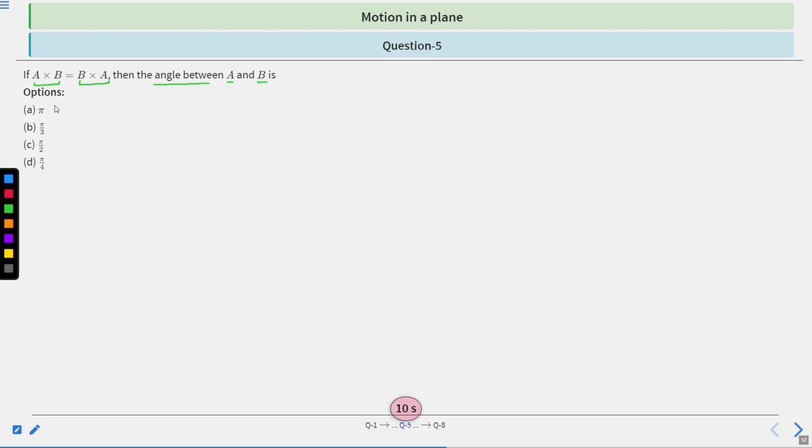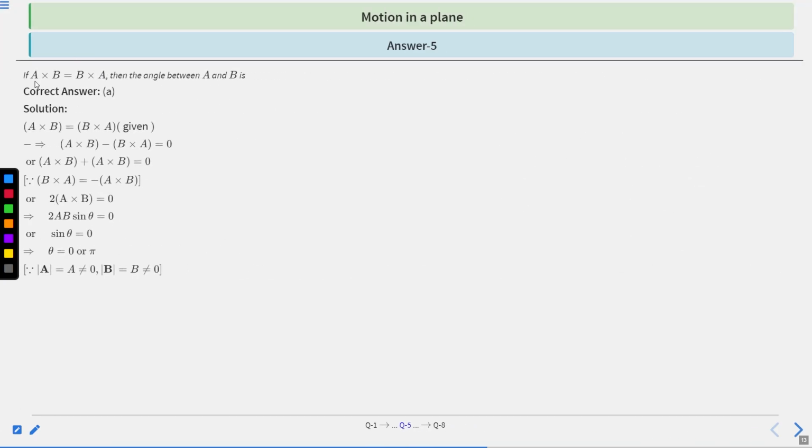Option A is pi, option B is pi by 3, option C pi by 2, option D pi by 4. Which one is correct? You have 10 seconds to solve this question. After that, we will provide the solution. Let's find the solution.